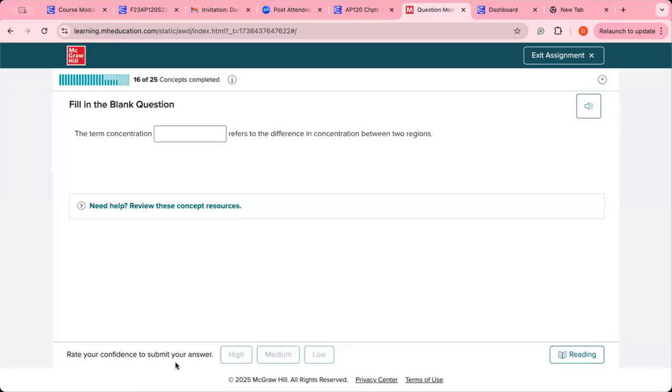If it asked me about salt, that would be different. The term concentration blank refers to the difference in concentration between, that's concentration gradient. Gradient is the word there.